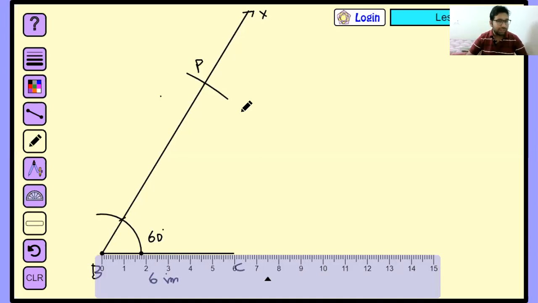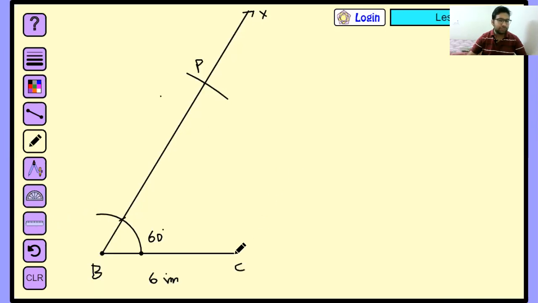Now the next step is join CP. Now class, what do we actually want?